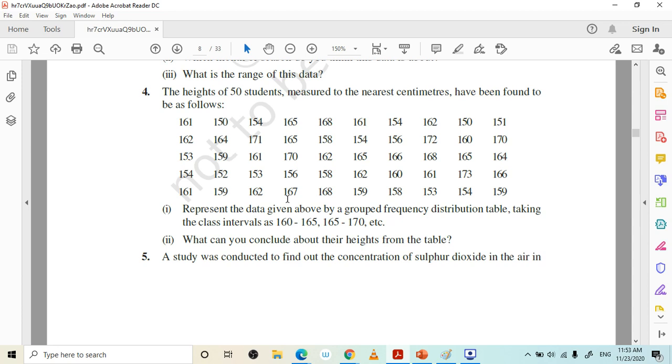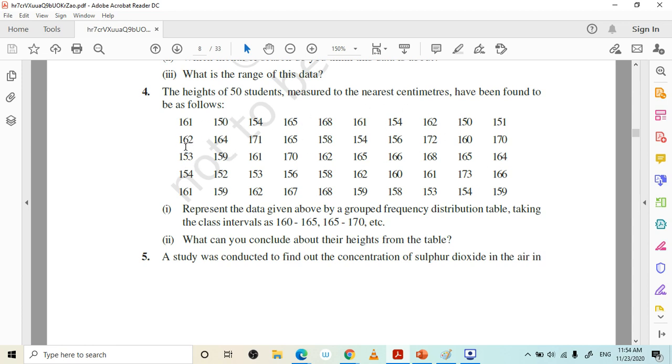If you have questions, sir, where do we have to start, then let me tell you the clue. First of all, you have to find the lower range, the smallest number. From this data, here you can see the 50 data values.